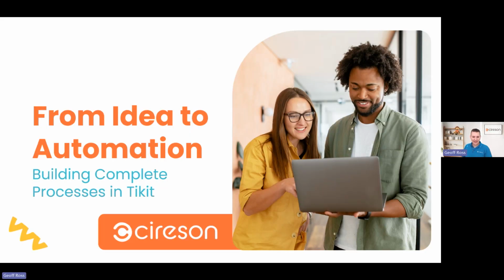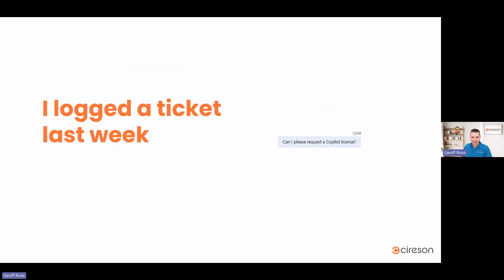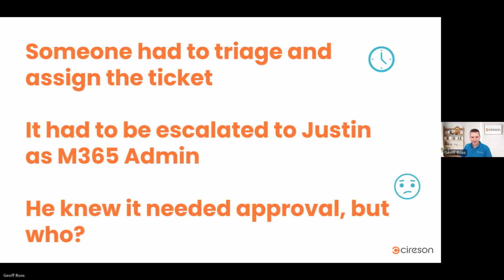Well, I'm gonna tell you guys a little story about when I logged a ticket last week, my experience. I logged this ticket looking for a Copilot license, but unfortunately there was no deflection, so I picked up the default ticket login experience, and that meant that somebody had to triage that ticket and get it assigned. And then it turns out to be escalated to Justin because he's the M365 admin.